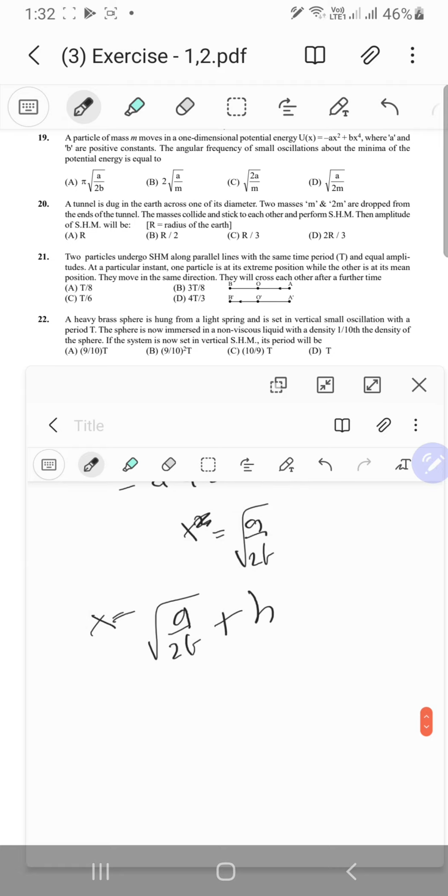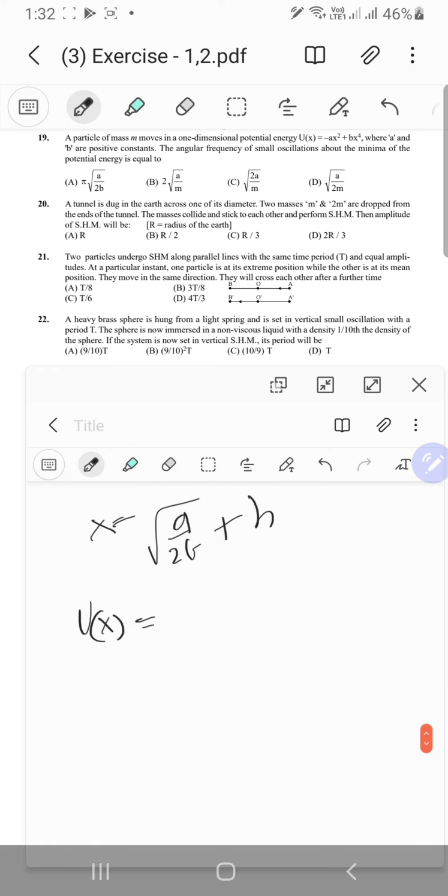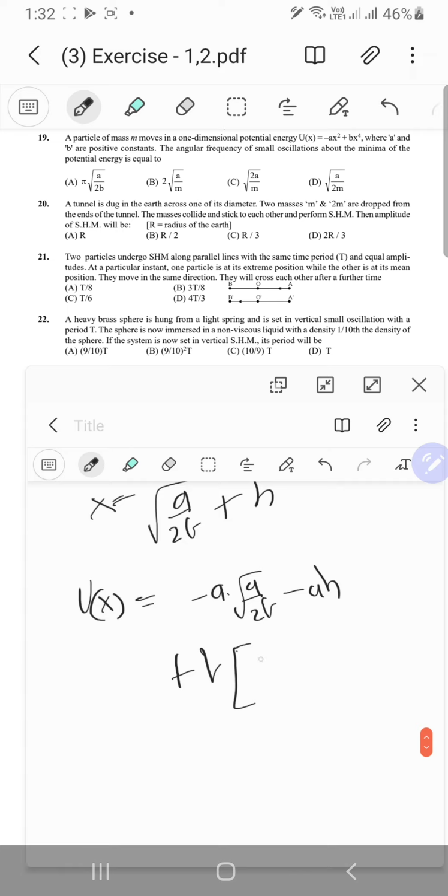Then U of x becomes, ignoring all the h squared, h cube terms because those will be negligible, minus a into square root of a upon 2b minus a h, plus b into x power 4, so fourth power of this.